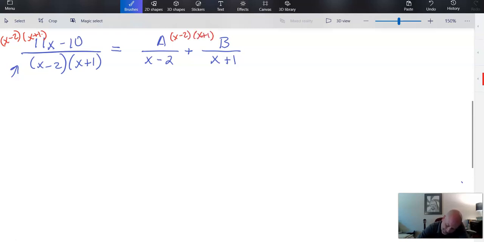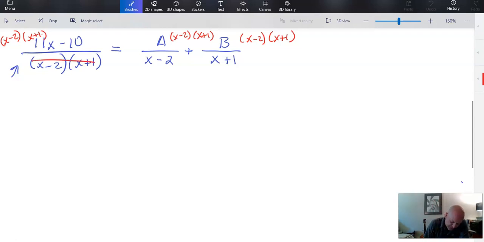As you do these, you won't have to write this in every single time, because you're going to start to see the patterns of what's going to cancel out and what's not. Once you start to see the patterns, you don't need to write this every time. But let's see what happens here.